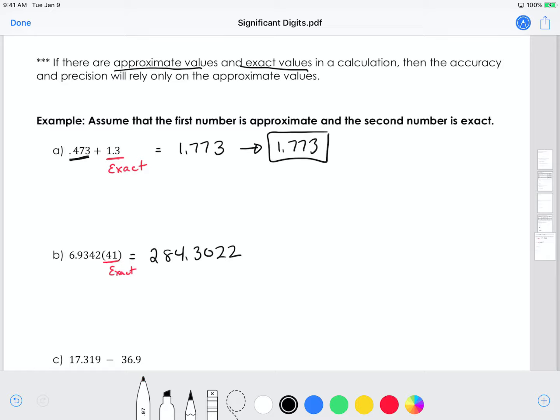Since we are multiplying, we're going to be looking at the number of significant digits that we have. So in the 6.9342 number, we have 5 significant digits. So when I round it with accuracy and precision, I want to make sure that I have 5 significant digits in my final answer. So my final answer is going to be 284.30.